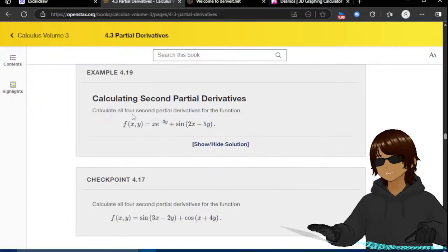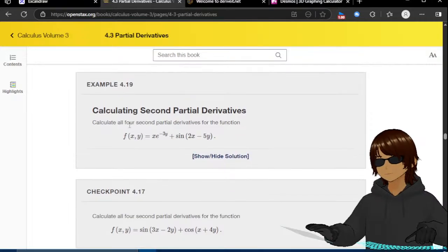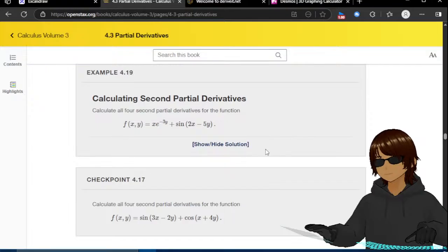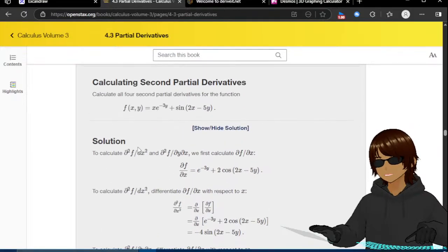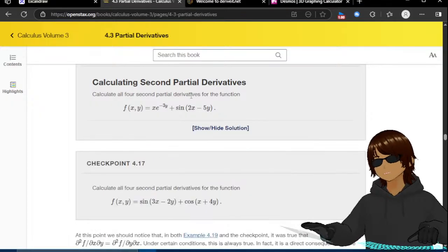Calculate the four second partial derivatives for the function. Actually, let's hide the solution and do this ourselves.